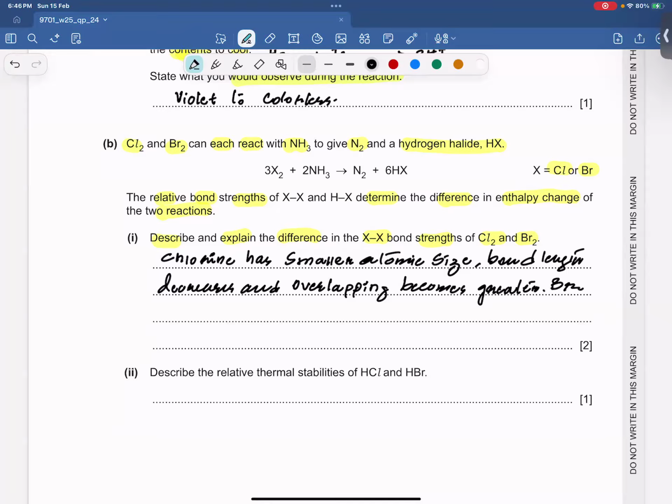Bromine, on the other hand, has larger atomic size. Consequently, bond length increases. So orbitals do not overlap to the maximum extent.